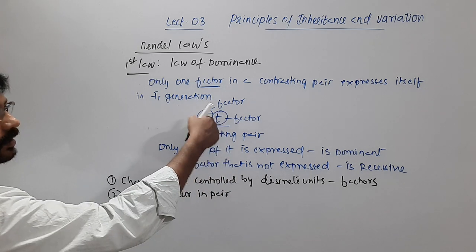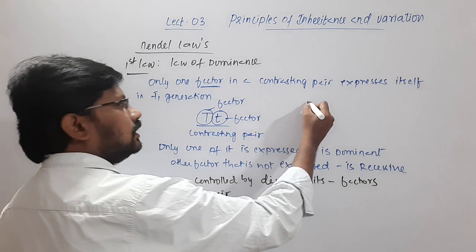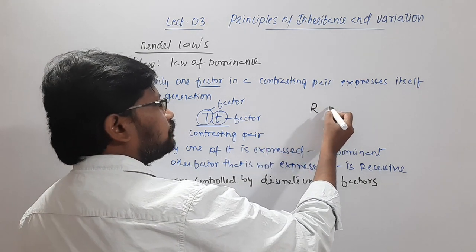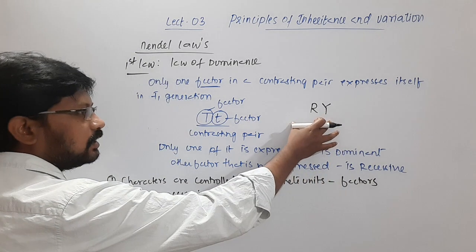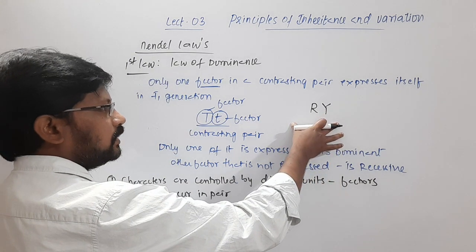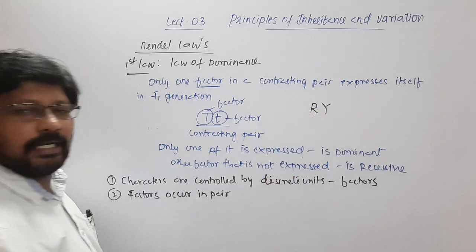You can see here the factors are present in pairs. Even if you consider capital R, capital Y, this is a contrasting pair in which only one of the factors is expressed.